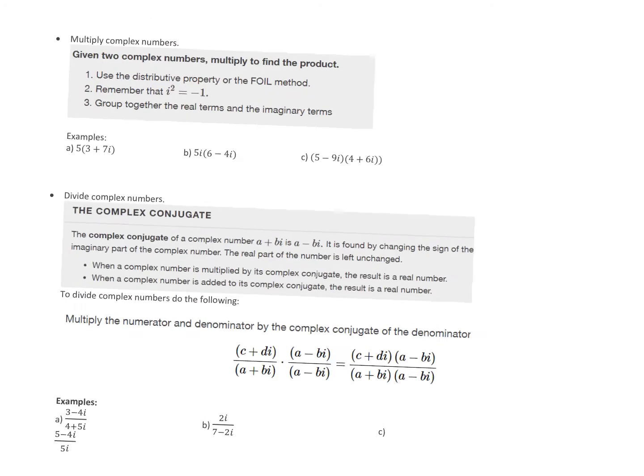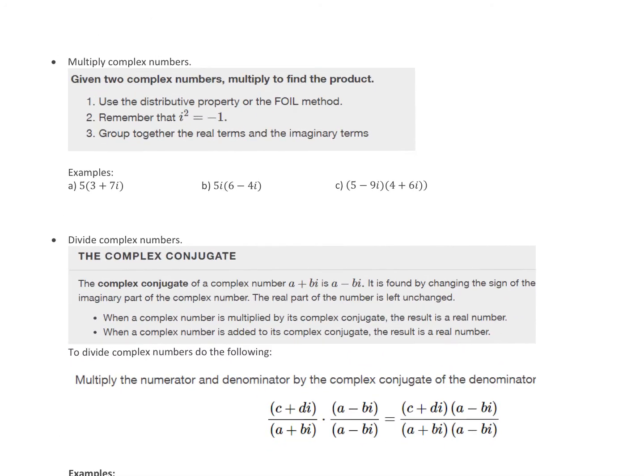We also want to be able to multiply and divide complex numbers. Multiplication is a little easier. Basically, we're going to use the distributive property or the FOIL property, and we just have to remember that i squared is negative 1. So anytime we see an i squared, we're going to replace it with the negative 1.